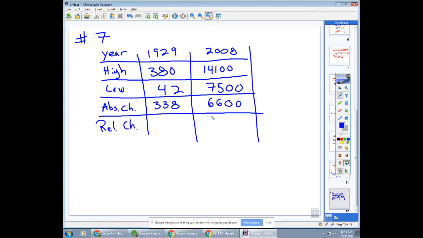The relative change would then be the 338 divided by the original amount. So what'd you get for that? We haven't done it yet. Okay, so you're gonna get a percentage for that. Then move over and see what happened in 2008. Find the absolute change, and take that 6,000 divided by the 14,000, the original amount, and see what it comes out as a percent. Just to compare them.